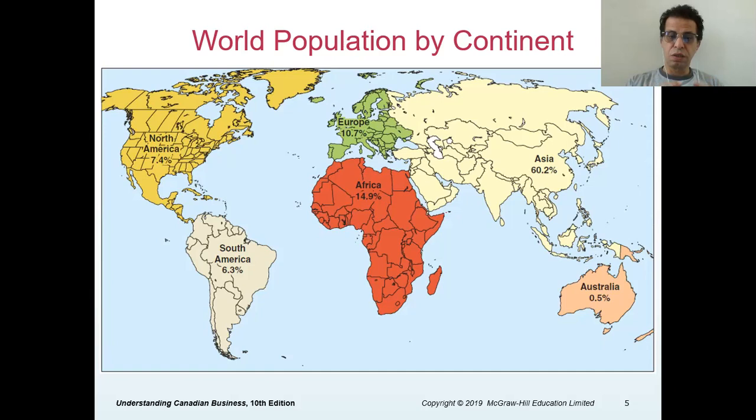And you notice that one sixth of world consumption is consumed in North America, which is 7.4% of the population. So they're not even 10% of the total population, but they consume one sixth of world production. Big market, in other words.